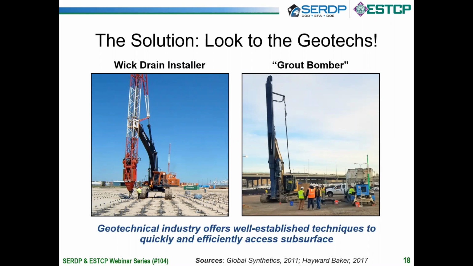Two promising techniques with potential environmental applications are the wick drain installer as well as the grout bomber. Both of these techniques offer rapid access to the subsurface at depths well beyond 50 feet. We investigated both of these technologies as part of this project, but ultimately decided to focus our efforts on the grout bomber for a variety of reasons, which I'll get into, not only because of its really cool name.